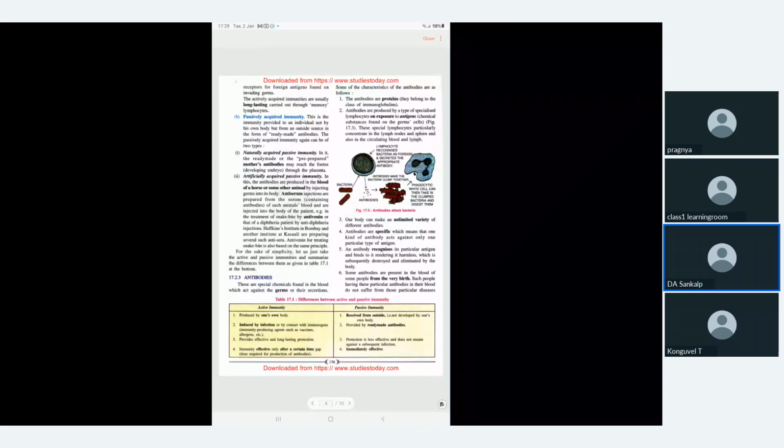Anybody remembers? They are the 5 types of antibody: G, A, M, E, D. They are the 5 types of antibodies produced by our B lymphocytes, also called B cells.